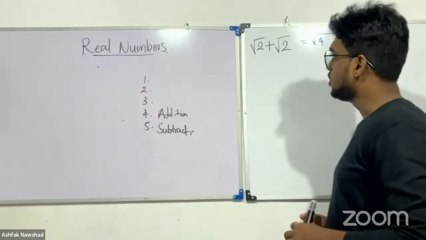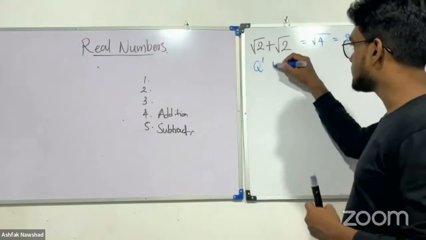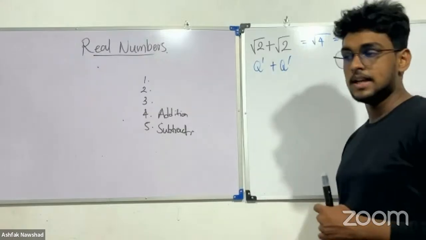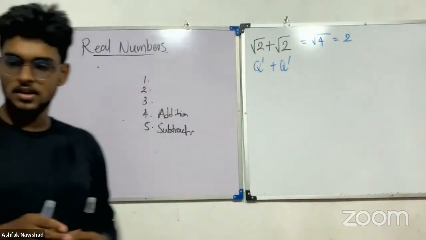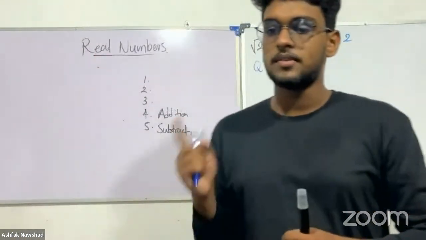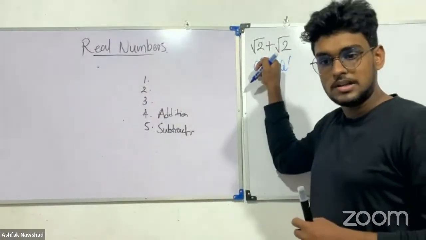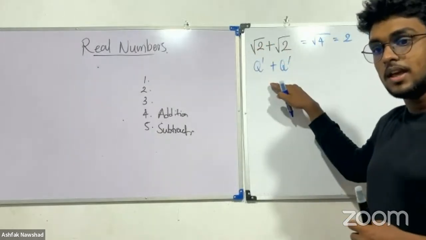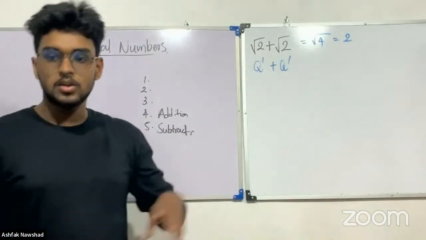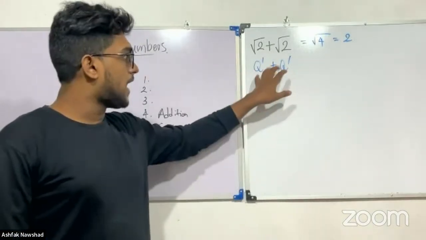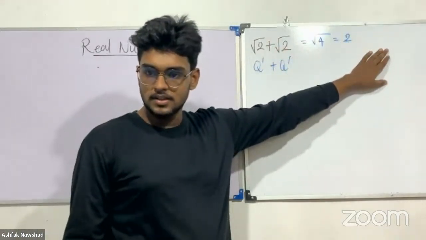You very well know that this is an irrational number, and this is also an irrational number. We talked about irrational numbers in the first 2 days, and we did true or false questions. If you remember, there was a question: if we add 2 irrational numbers, the result will definitely be an irrational number.